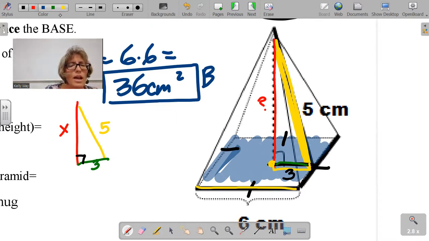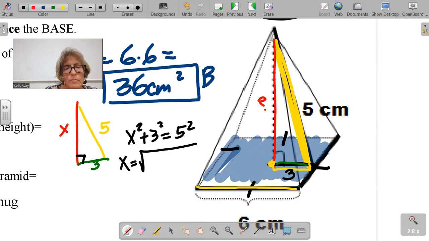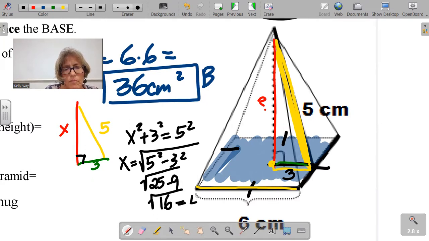Have 2 sides, need 3rd side. Pythagorean theorem. You just found your height is 4.